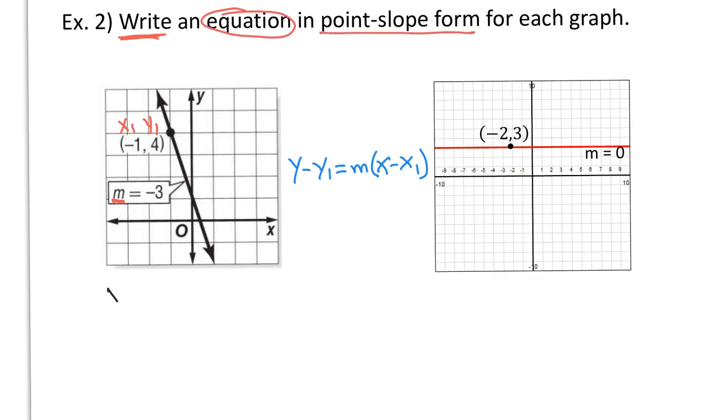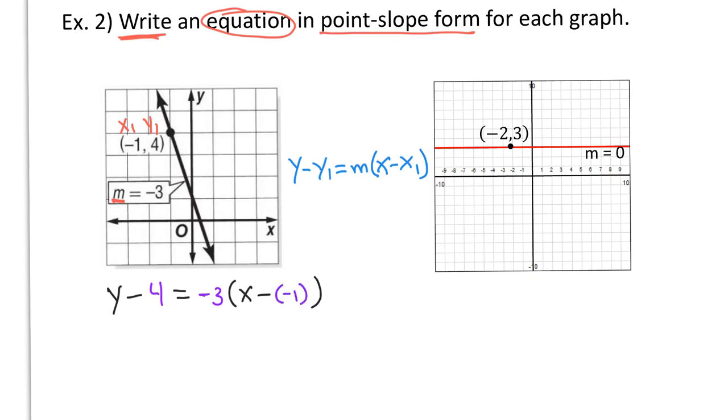So I'm going to have y minus, let's go ahead and look at y1. It's positive 4, so I just put a 4 right here, equals m is negative 3, so I substitute negative 3 times the quantity of x minus x1, and x1 is negative 1, so I need parentheses because I'm going to have double negatives, so that's going to be negative 1 here.